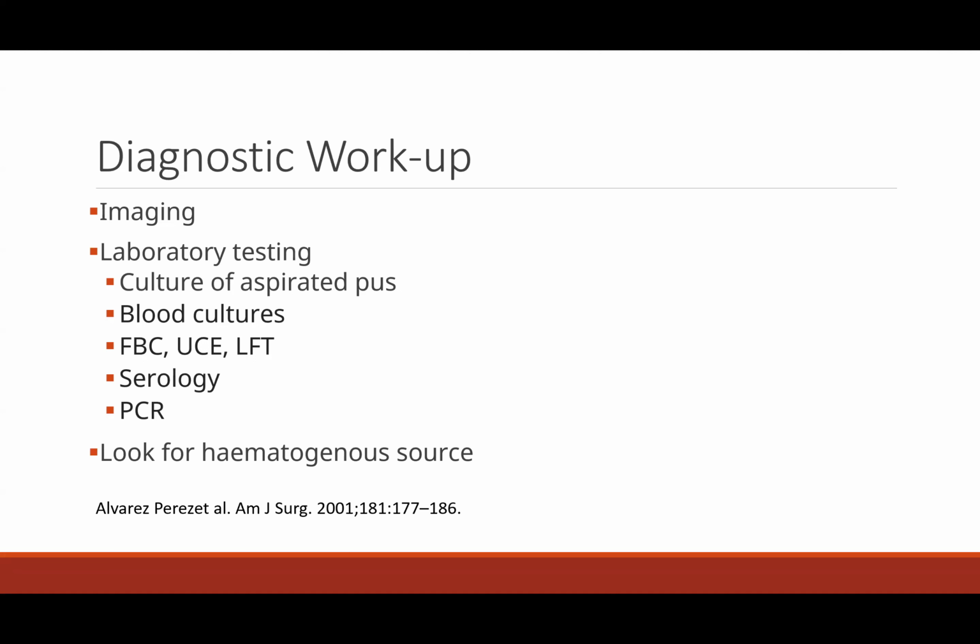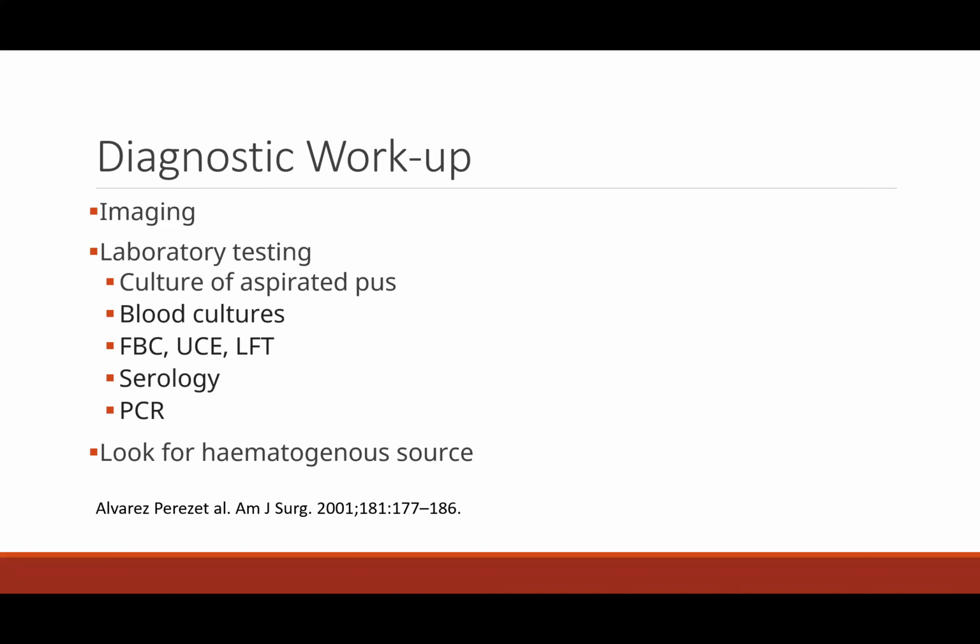CT is said to be slightly more sensitive than ultrasound, we're talking about 95 versus 85% sensitivity. But ultrasound is often more immediately available, especially in low resource settings like ours. And if ultrasound fails to demonstrate any abnormality, but you are still highly suspicious of liver abscess, you may go ahead and do a CT.